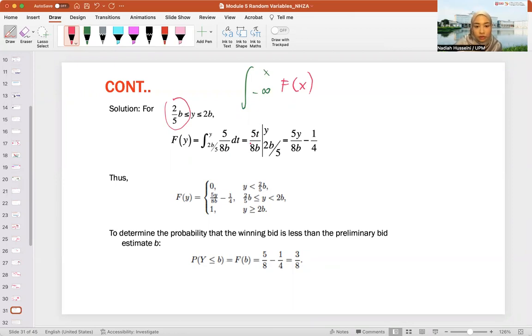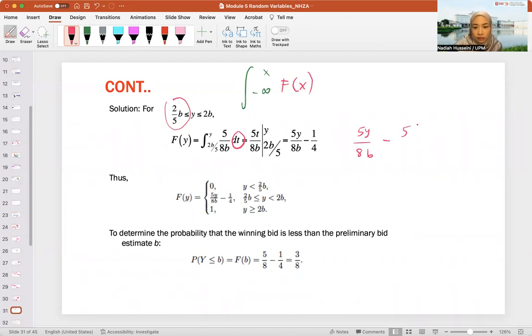So 5t/8b, because you're integrating it with respect to t, you don't mess with the b. So 5t/8b, and then you plug in the numbers 2b/5 to y. This is your boundary. So you substitute t with y, you get 5y/8b minus the value at 2b/5, right?